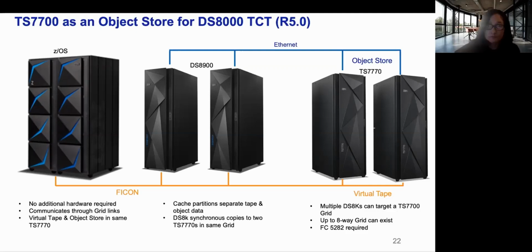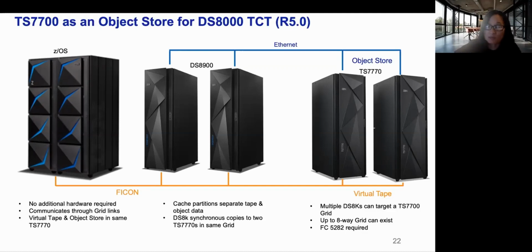And as Emmanuel just explained, at the time of this release, DS8000 would do the synchronous copies to two 7700s in the same grid so that you had redundant copies. And you no longer have to do that with our new offering that we'll talk about in a minute.